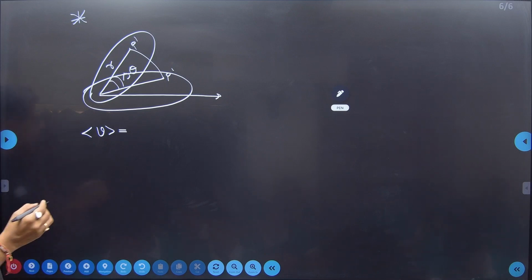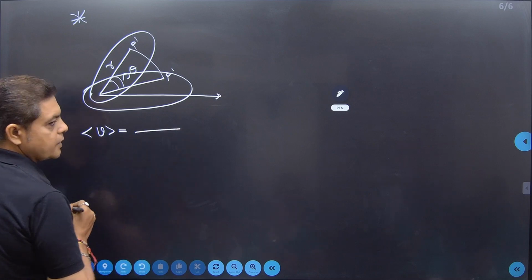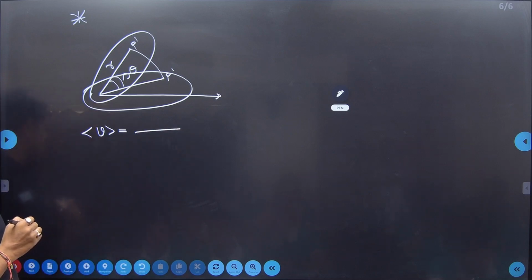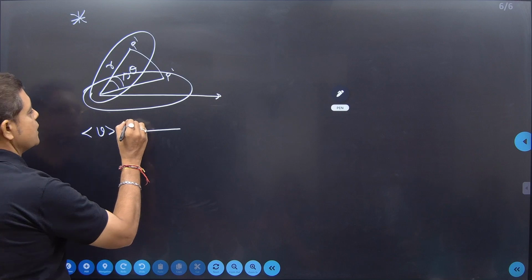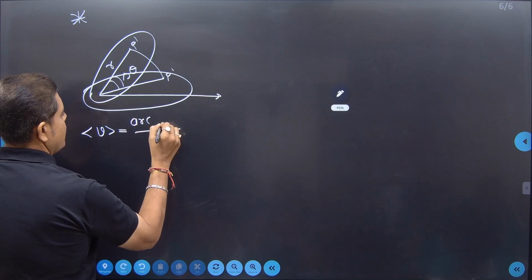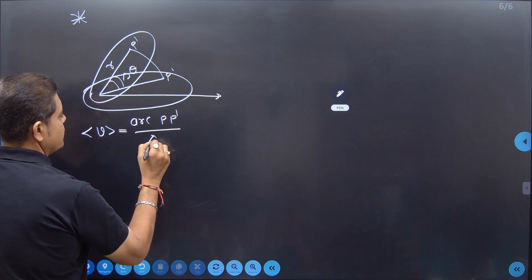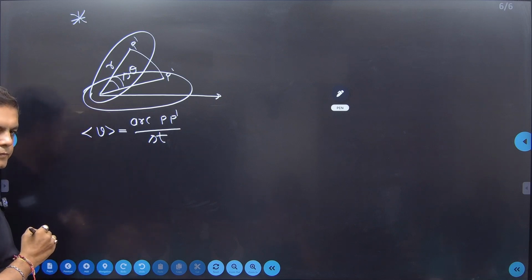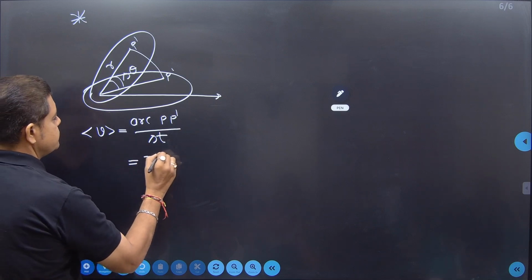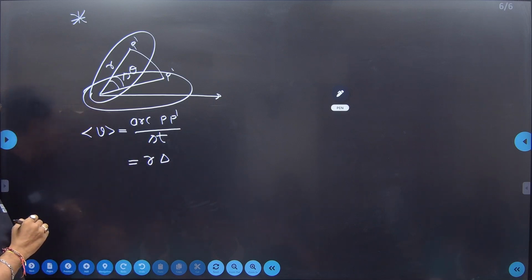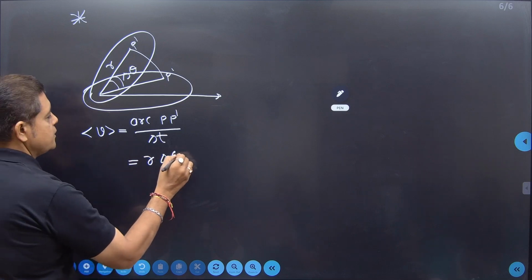Average speed is distance traveled by time taken. Distance traveled is arc PP dash upon time interval delta t. Arc is radius into angle subtended, and the angle subtended is delta theta.